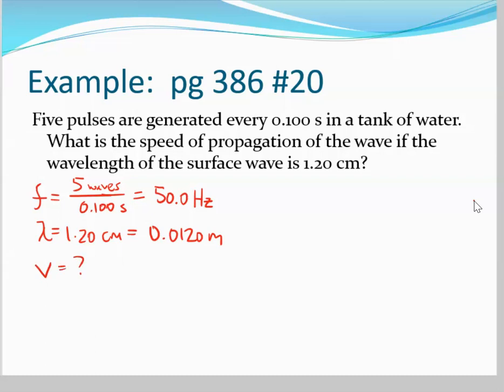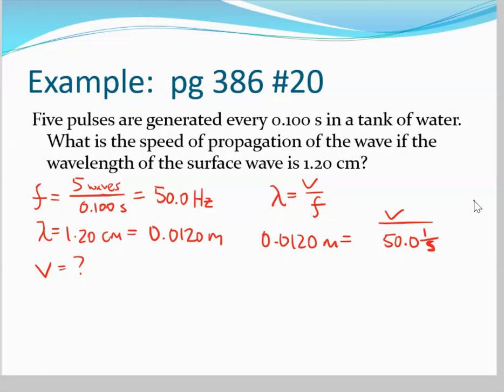So then I've got my formula, still the same. And this time I'm solving for V. So 0.0120. And then hertz, but it's probably better units wise to put 1 over seconds. Again, my S doesn't look too good.